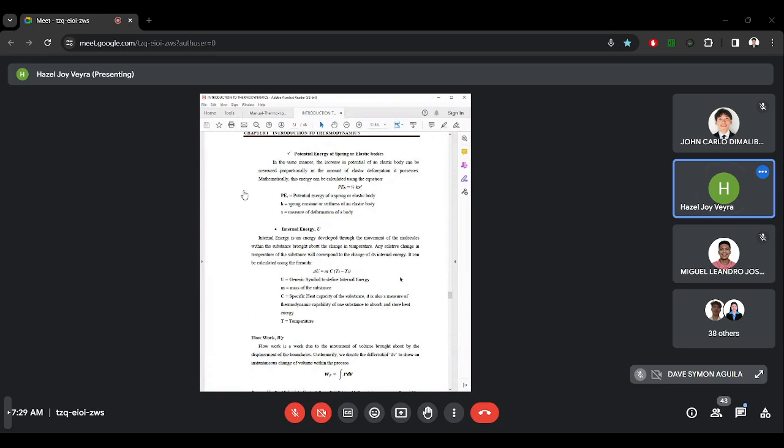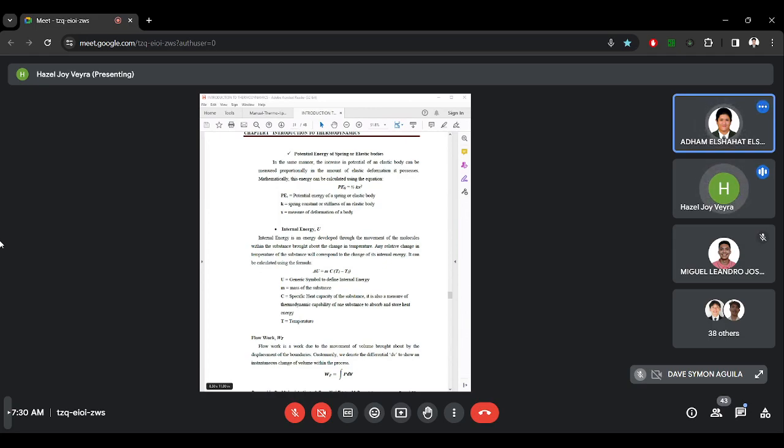Okay, Adham, please read potential energy of spring or elastic bodies. Potential energy of spring or elastic bodies. In the same manner, the increase in potential of an elastic body can be measured proportionally in the amount of elastic deformation it possesses mathematically.